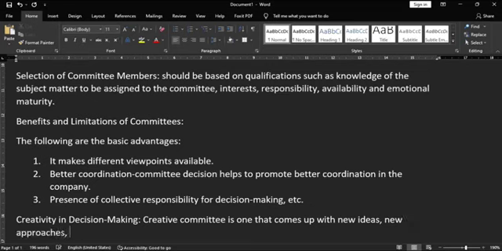A creative committee is one that comes up with new ideas, new approaches, and new ways of doing old things. Doing a common thing in an uncommon way.